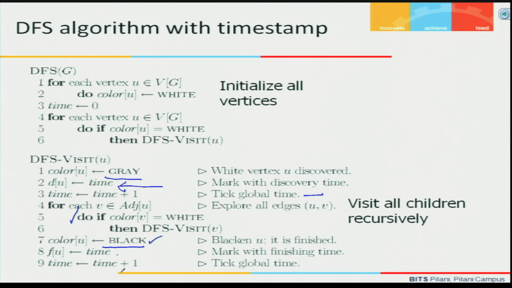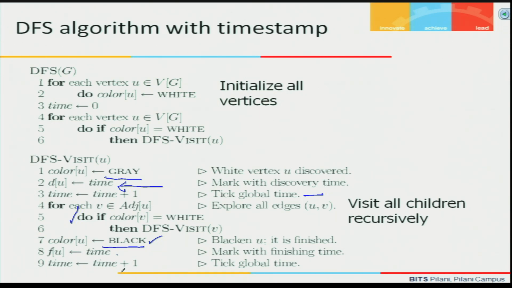That is done by coloring the nodes as you visit them and as you finish working with a particular node. Gray means a particular node has been visited but its adjacency list has not been exhausted, whereas black means the adjacency list of the vertex has been exhausted.